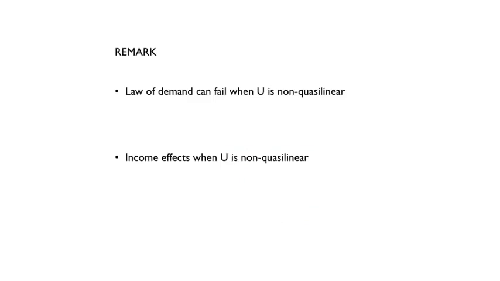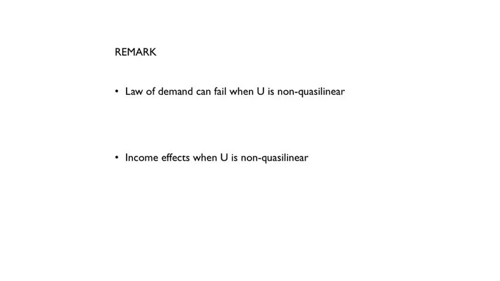Now, the results that we have established are very stark and clean with these quasi-linear preferences, and they are approximately correct for a very large number of problems that economists study. Basically, the intuition that you should have is that as long as the X good is a very small fraction of the consumer budget, these are not bad approximations.